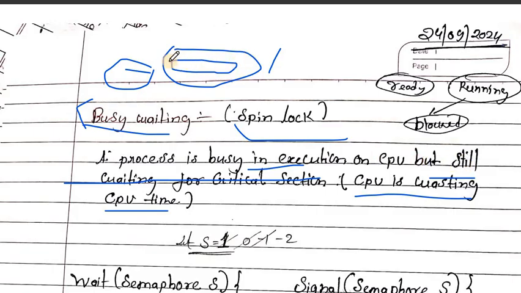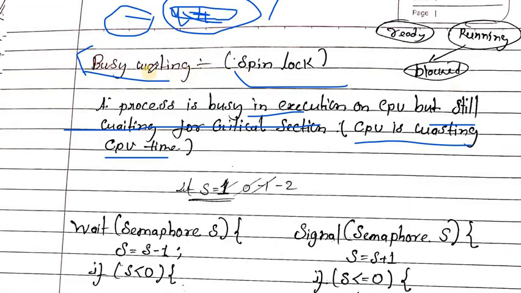So when the process is in the while loop, it is using the CPU computation time. The blocked or stuck processes are using the CPU in a stuck state. This type of condition is called busy waiting.